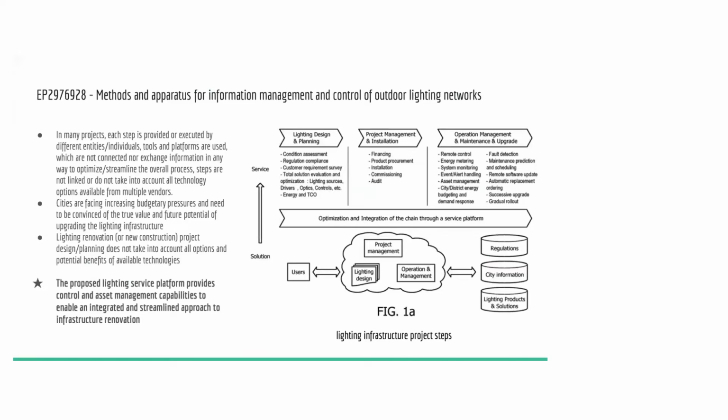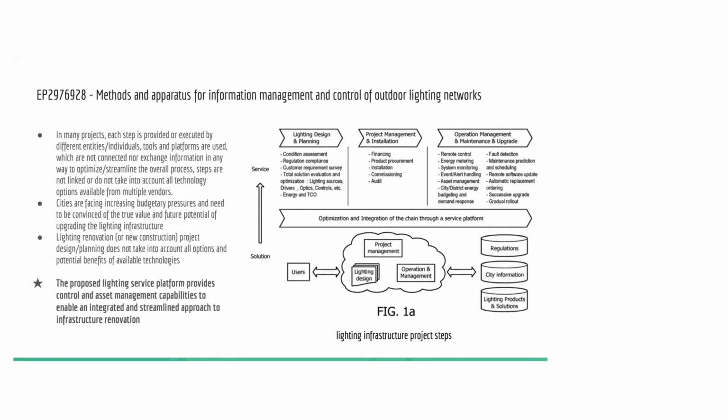So as you see, the current practices of lighting infrastructure, renovation projects, as well as new constructions include several steps. On the figure, this is the upper part of the figure. It includes lighting design planning, project management, installation, operation management, and maintenance and upgrade.